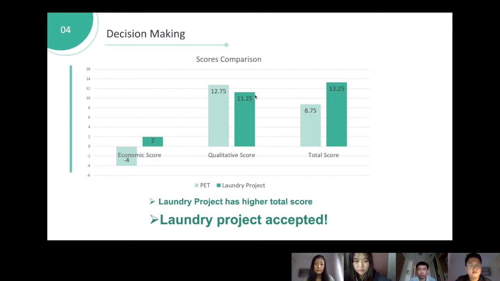Now we can move on to the decision making. After all this analysis we have done, we could just simply make a decision by summing up the scores separately.